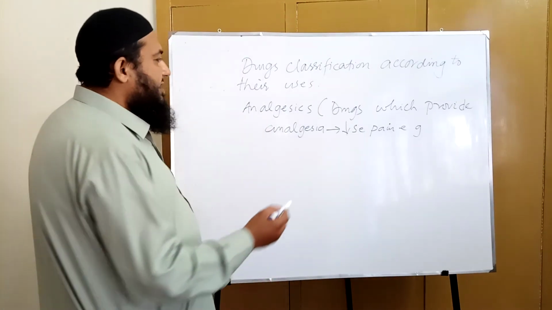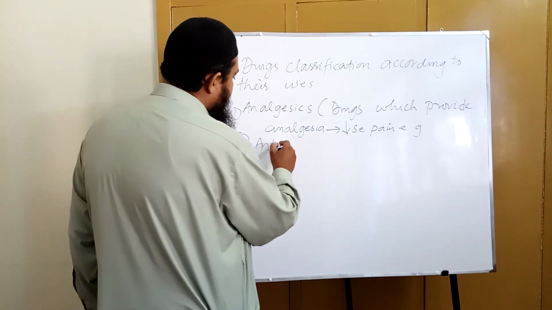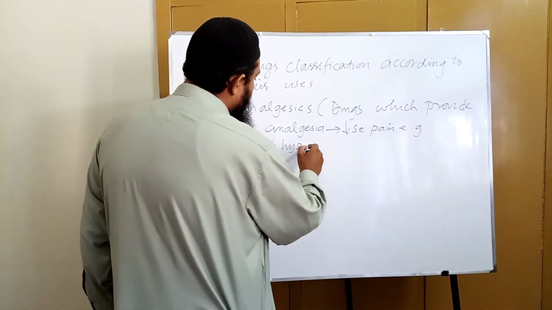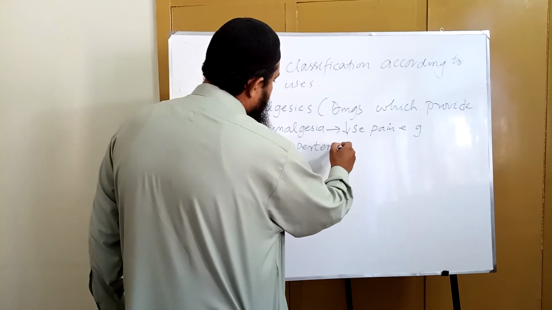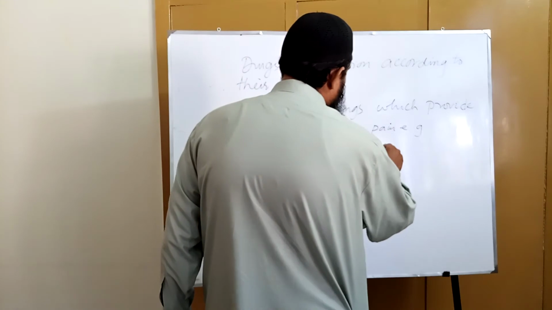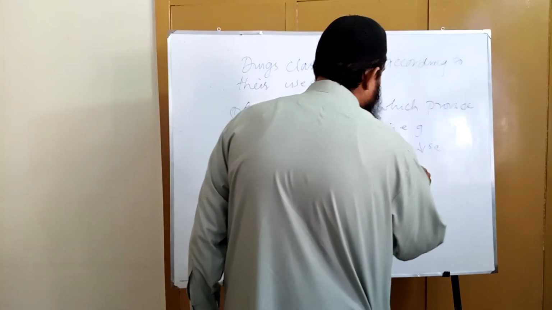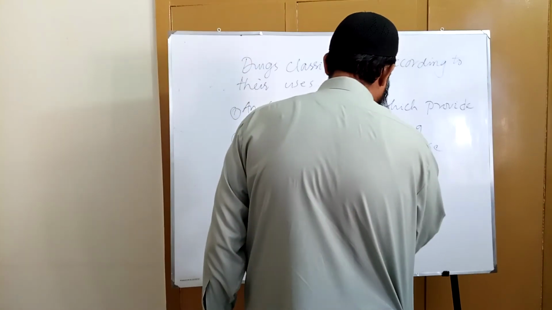So analgesics are drugs which decrease pain. Antihypertensive drugs decrease high blood pressure or hypertension.